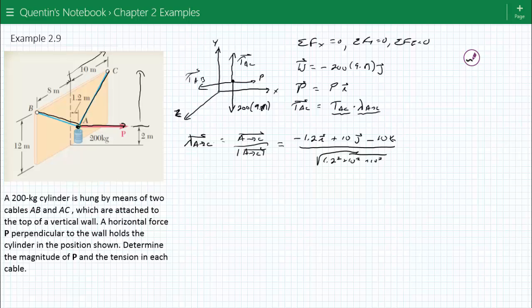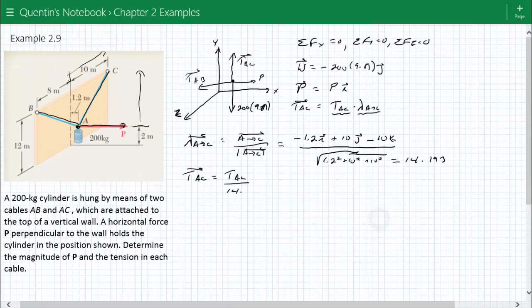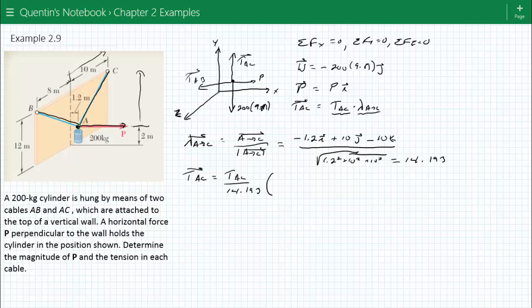So divided by the square root of 1.2 squared plus 10 squared plus 10 squared. I actually never wrote it down. Basically, this number ends up being 14.193, and therefore T from A to C is equal to TAC over 14.193 times minus 1.2 I plus 10J minus 10K.